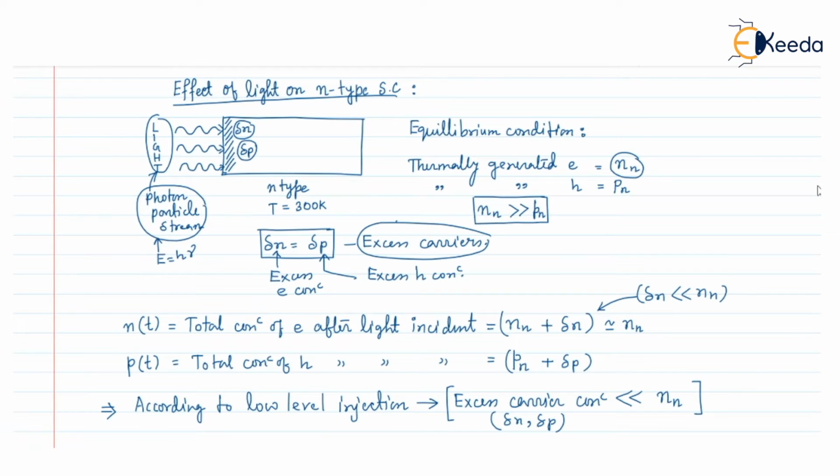So under low level injection, the total electron concentration Nt is nearly equal to Nn, and the total hole concentration is Pn plus del p.